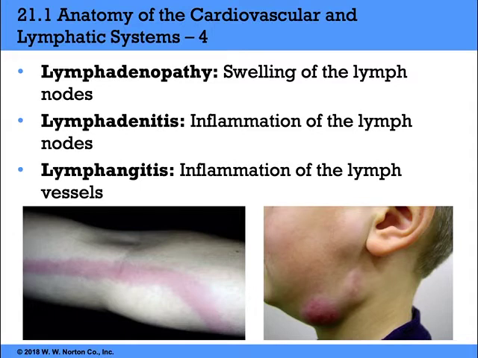In addition, we have quite a few in the thoracic region, so in your chest, along the lungs, and quite a few in the abdominal pelvic region where they drain the fluid that comes out of the digestive system and associated tissues.